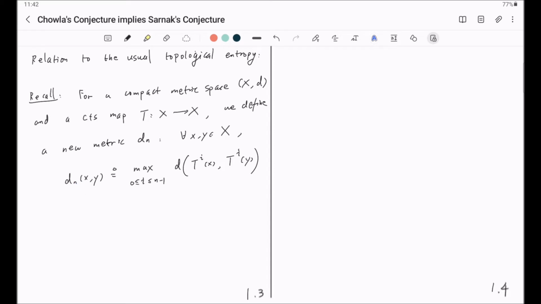With this metric, we define a quantity. Fix epsilon greater than 0.